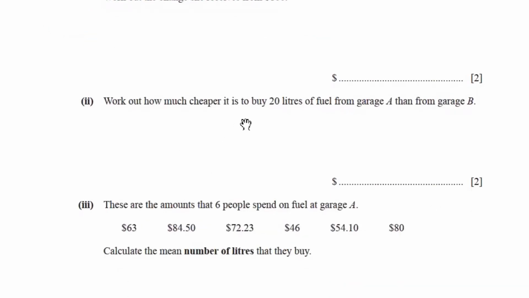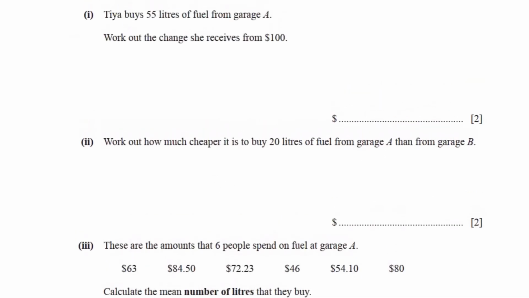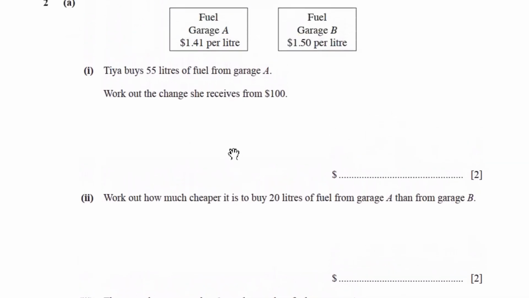Then it says work out how much cheaper it is to buy 20 liters of fuel from garage A than from garage B. For 20 liters, we find the total cost that we're paying to both garages. For A, that's going to be 1.41 times 20. And for B, that's going to be 1.50 times 20.